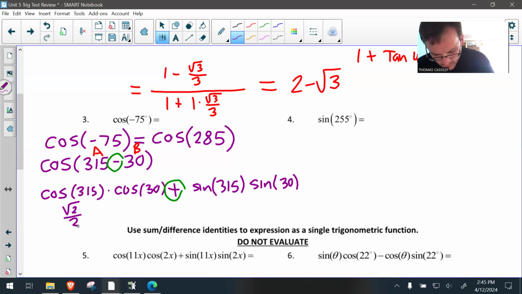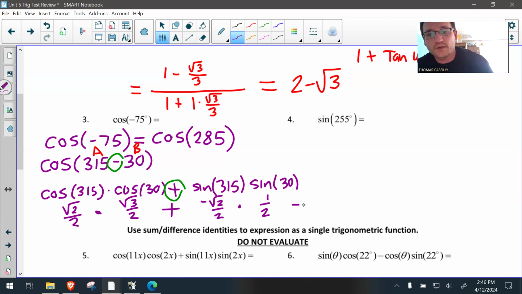Cosine of 30 should be square root of 3 over 2. Sine of 315 is negative square root of 2 over 2. And then the sine of 30 is 1/2. So we are just swapping out those sines and cosines, but they're exact values.